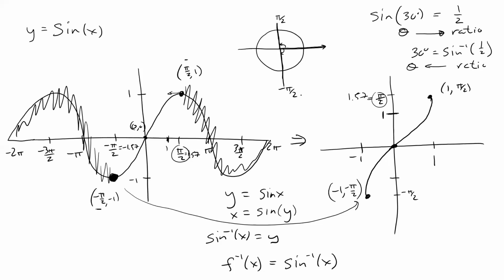Notice the inverse function on the x scale goes from -1 to 1, right? But notice in the y scale, this goes from negative pi over 2 to pi over 2. Are we good? So here's what I want you guys to notice: the inverse function does not operate everywhere like the sine function does. It only operates in quadrant 4 and quadrant 1.